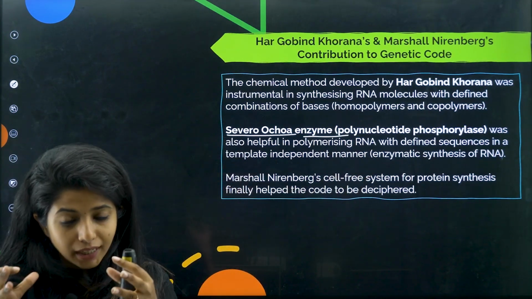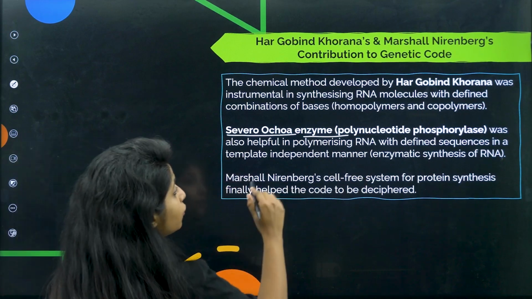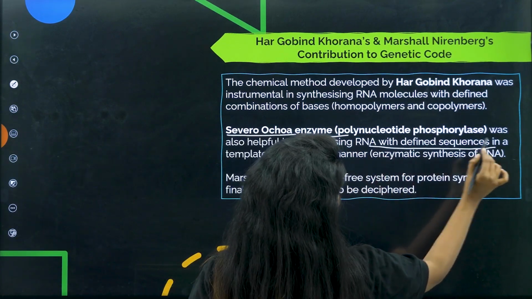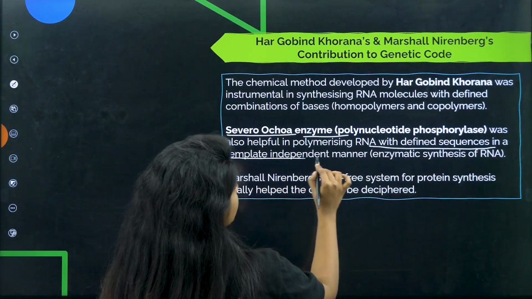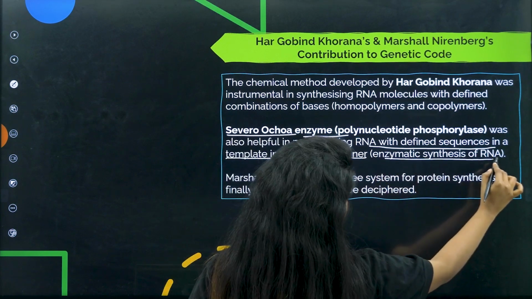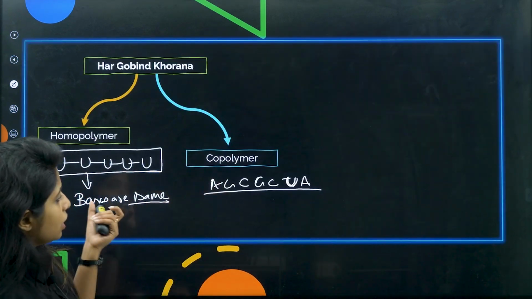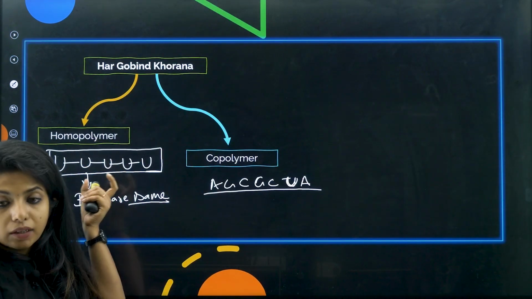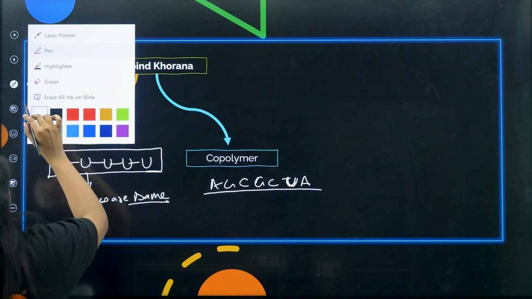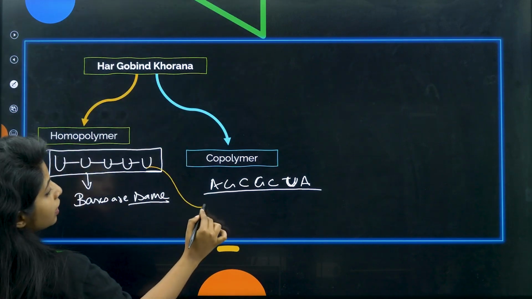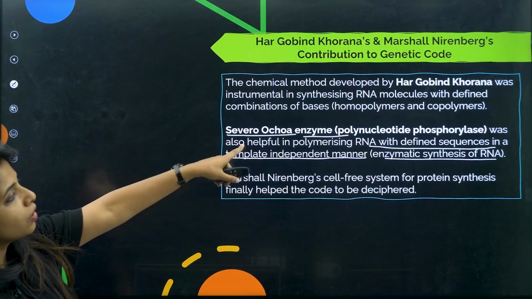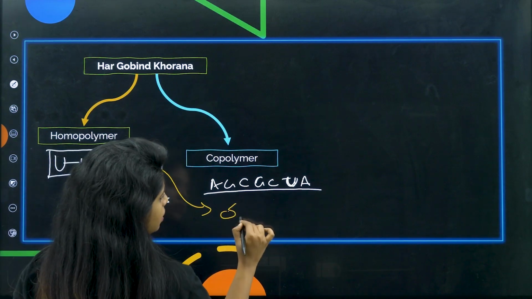Polynucleotide, so many nucleotides. Phosphorylase was helpful in polymerizing RNA with defined sequences in a template independent manner, enzymatic synthesis of RNA. So basically it's saying this particular thing was made, but with the help of what, children? They have mentioned the name of the enzyme. What was the name of the enzyme? Severo Ochoa enzyme.